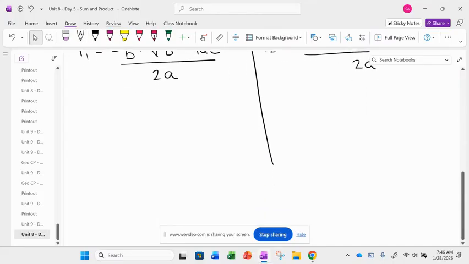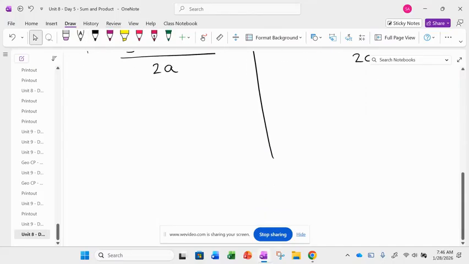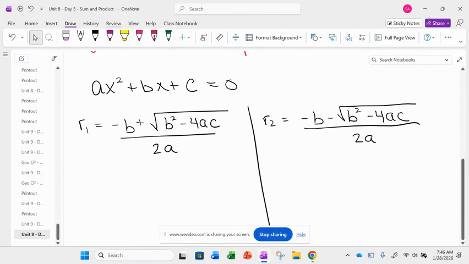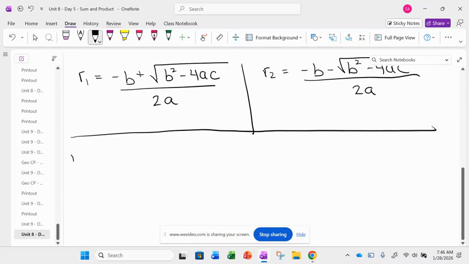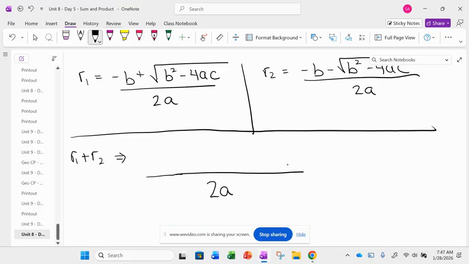So now let's add these two roots together. So this is my root 1, this is my root 2. So now I want to add root 1 plus root 2. When I add it together, because they have the same denominator, I keep my denominator, and can I just add the numerators together?